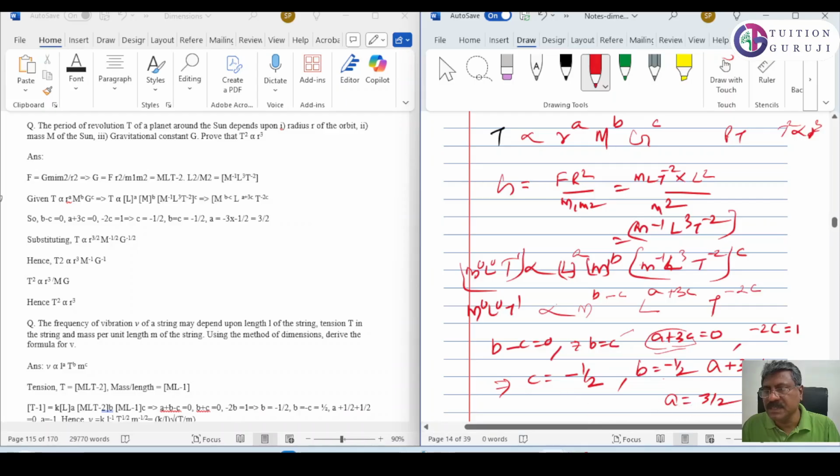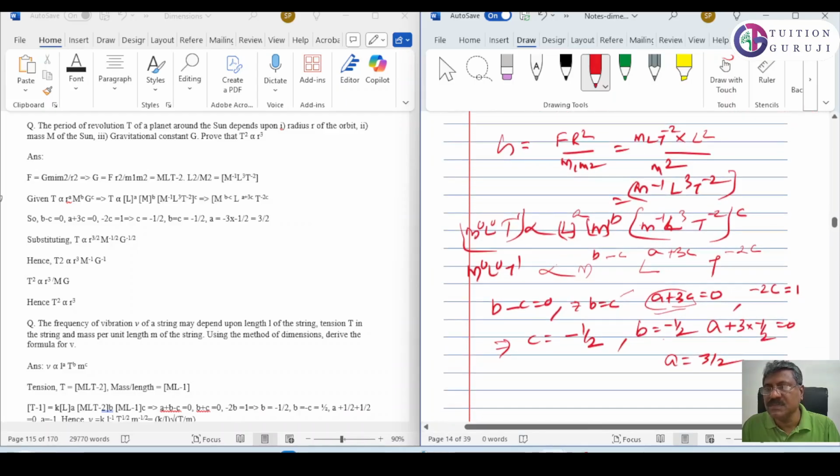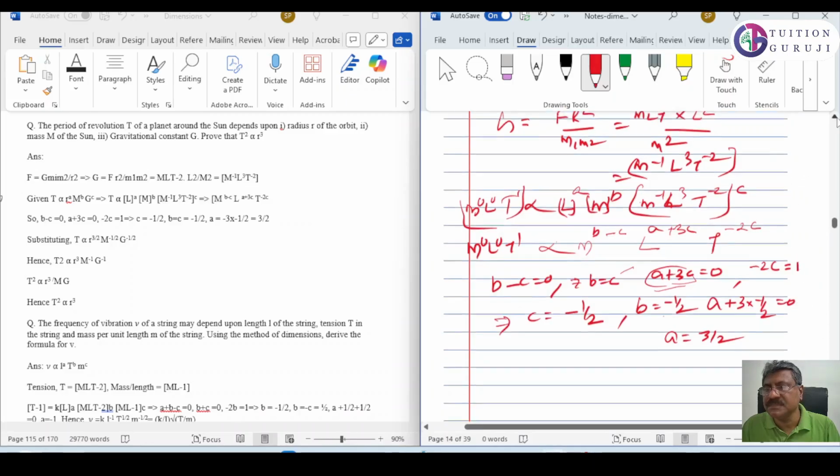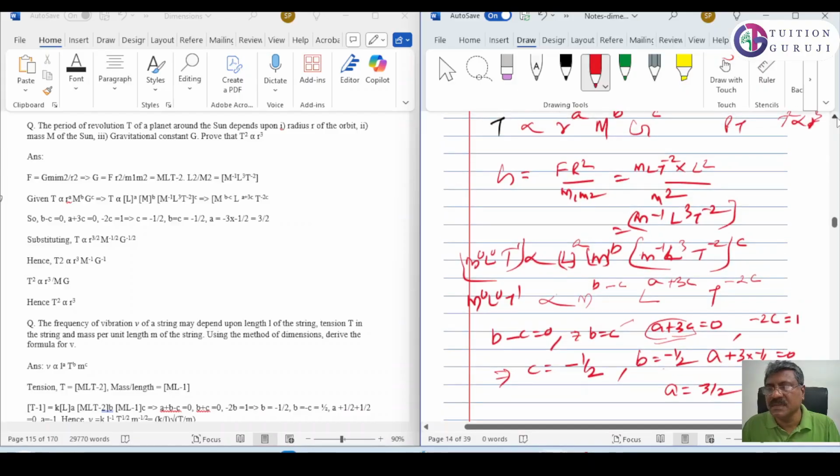So in this equation, T is proportional to R raised to 3 by 2, M raised to minus 1 by 2, then G raised to minus 1 by 2.